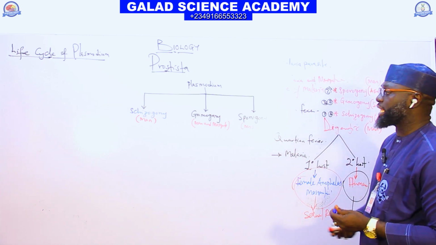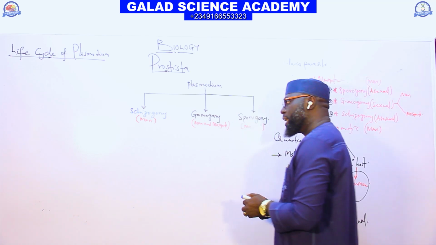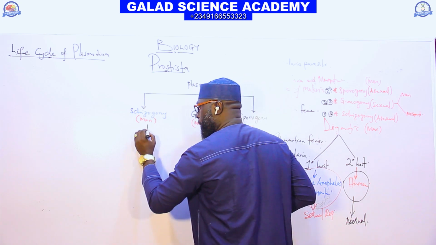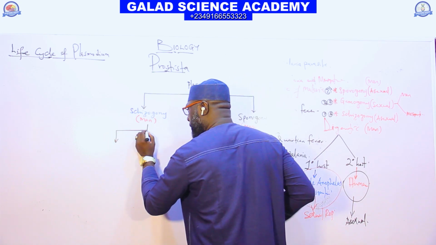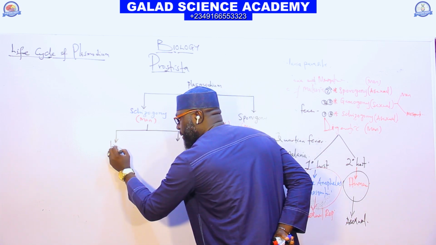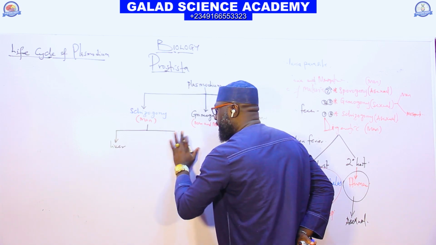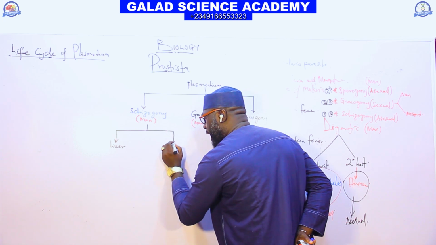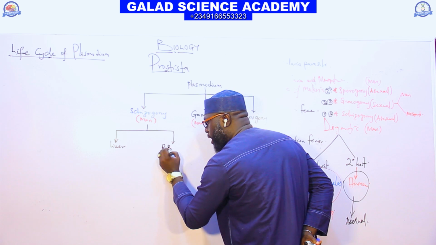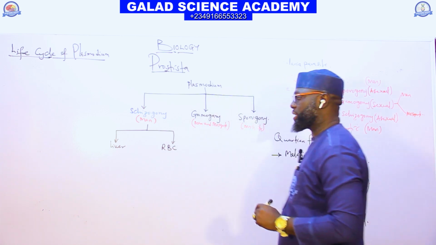So this zygogony that takes place in man is now divided into two parts. It takes place in the liver and it also takes place in the red blood cell, erythrocytes.